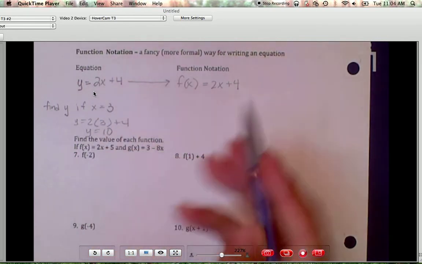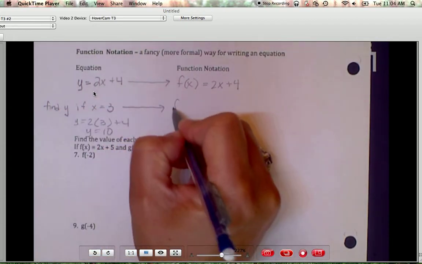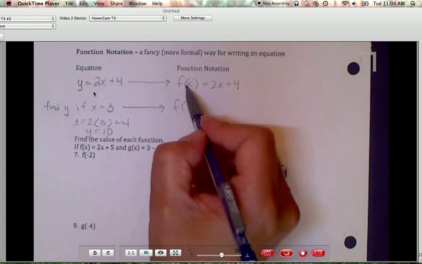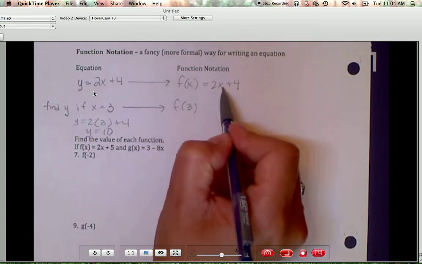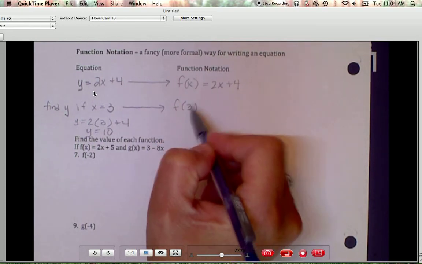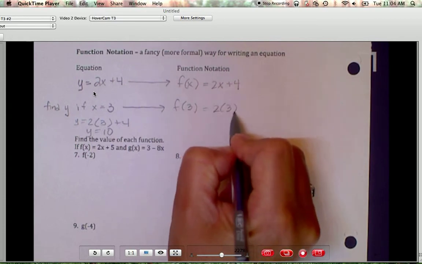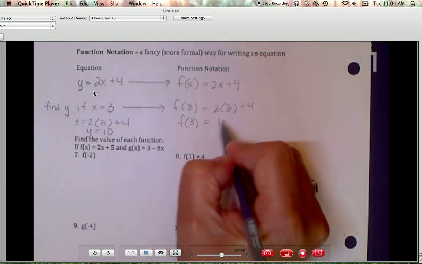Now in function notation, instead of writing all of these words out, they write this: f of 3. This basically says, find the value of the function if, instead of an x being here, there's a 3 in its place. So f of 3 would simply be 2 times 3 plus 4. So we'd get f of 3 equals 10.